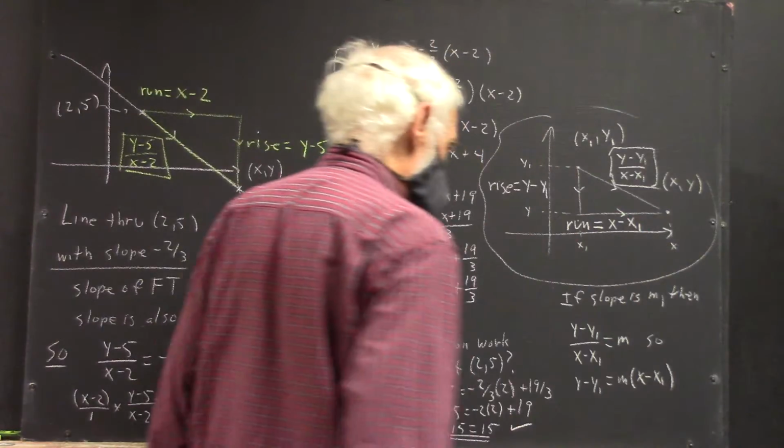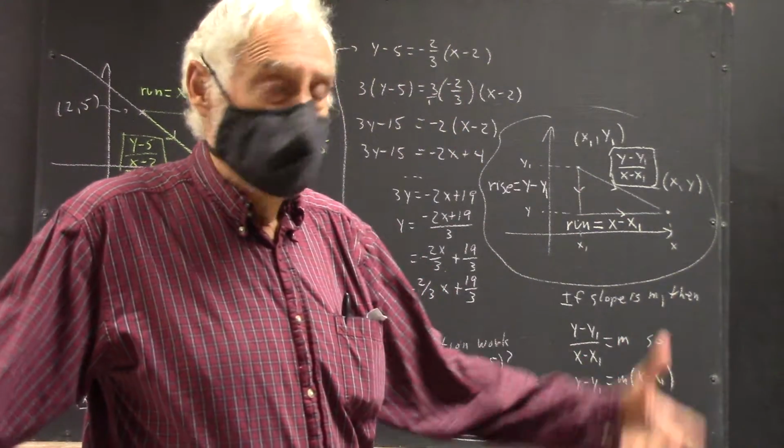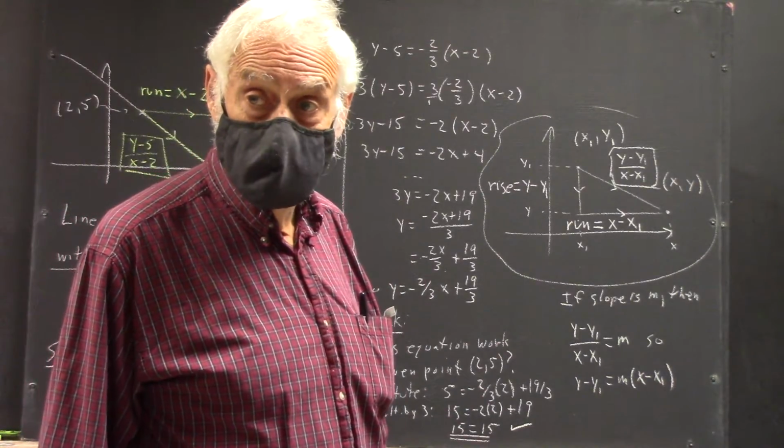I'm not going to write out all the details of the algebra now, but you multiply both sides by x minus x1 as you always do if you've got a denominator, right?